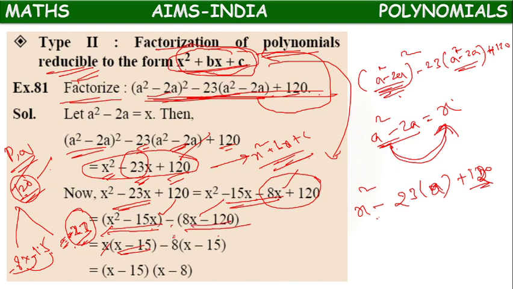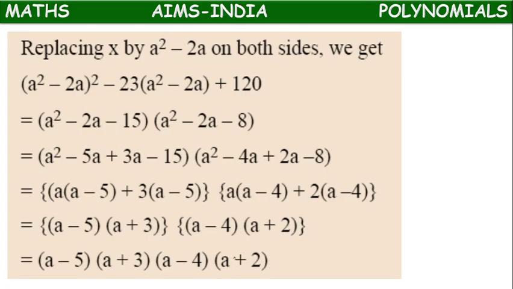From the next two, 8 is common, x minus 15. Again x minus 15 is common, giving x minus 8. Like that we have found the factors. This is about type 2 problems.